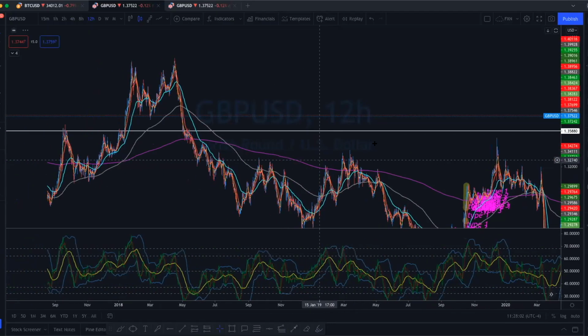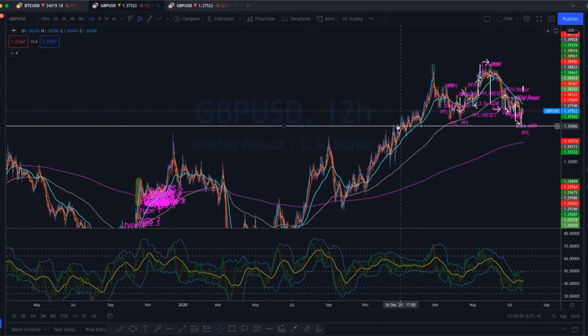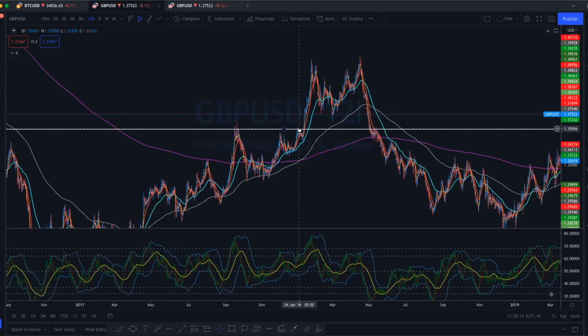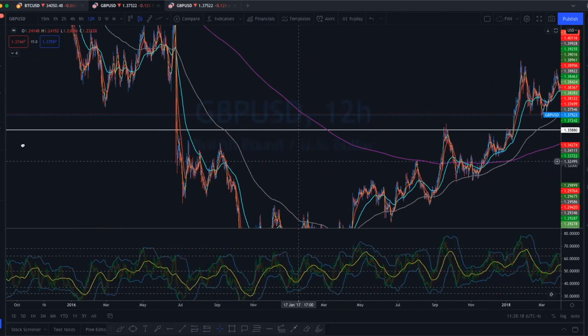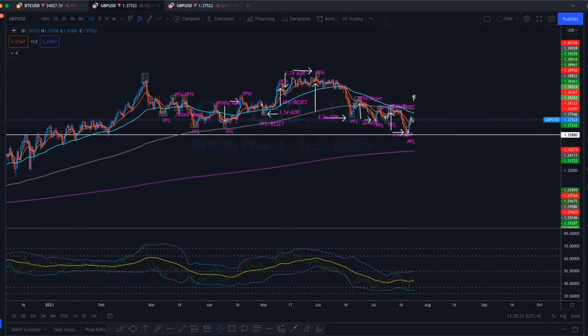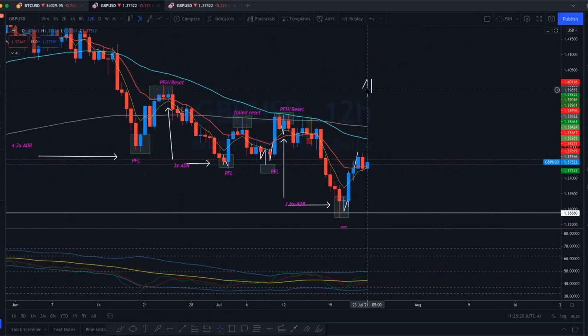If you go back even further from that line, you can see it goes through that structure there, and then goes all the way back to 2018, where there's structure there. So if you can project all this stuff out into the future, you'll know at least where price should want to go to.